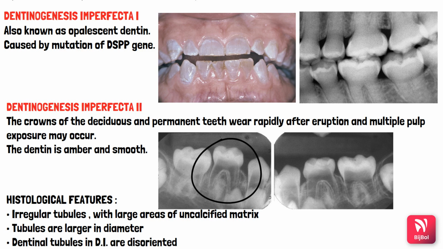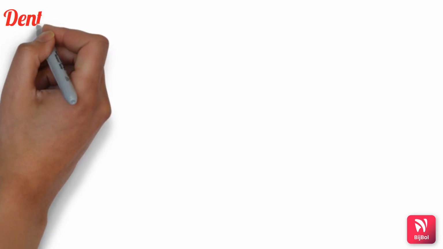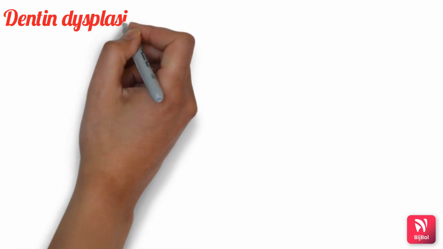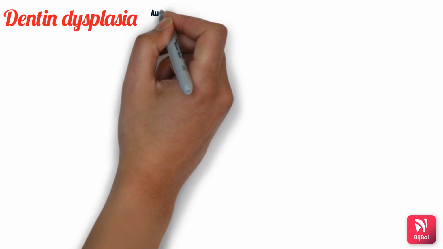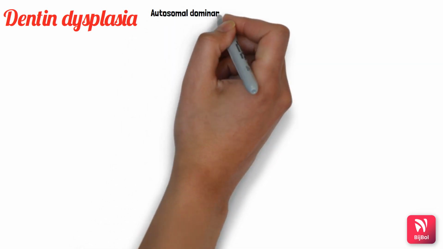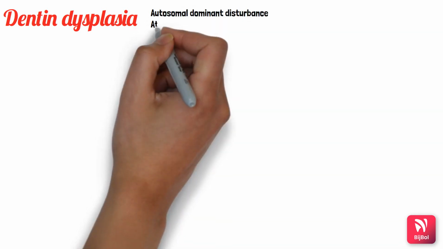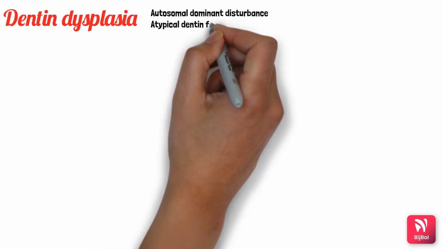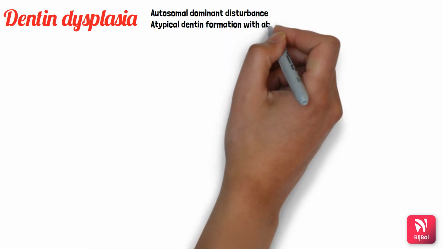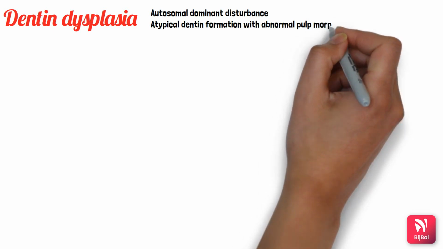Next, moving on to the next condition in structure of teeth, that is dentin dysplasia. Dentin dysplasia is also an autosomal dominant condition which is characterized by atypical dentin formation with abnormal pulpal morphology. It is also called rootless teeth.